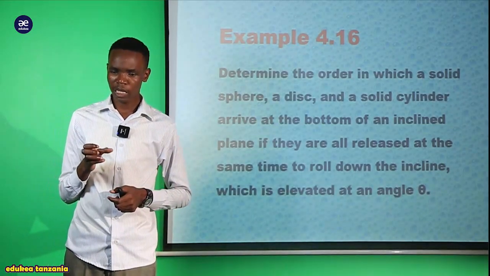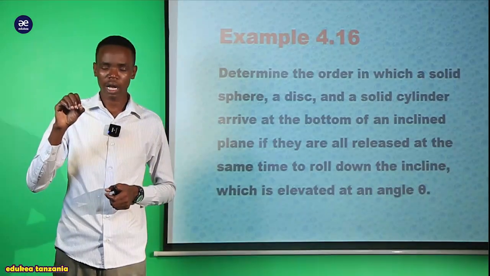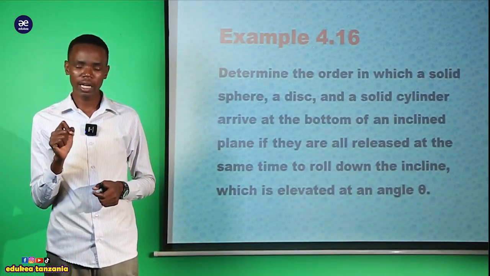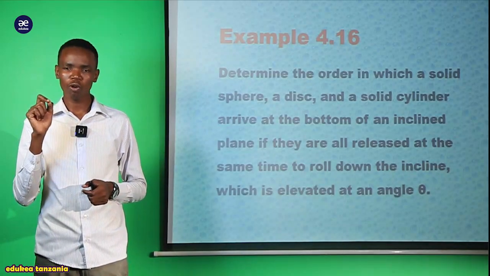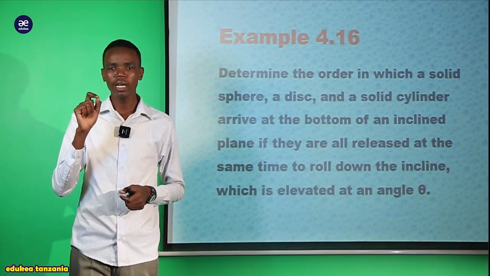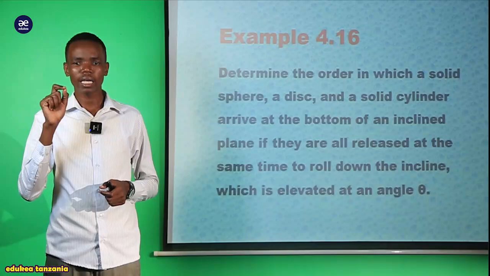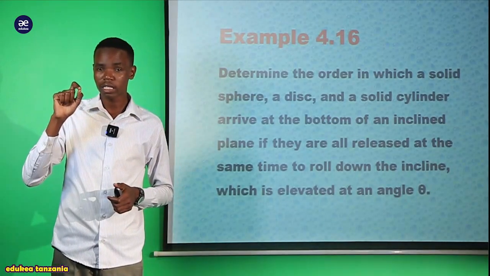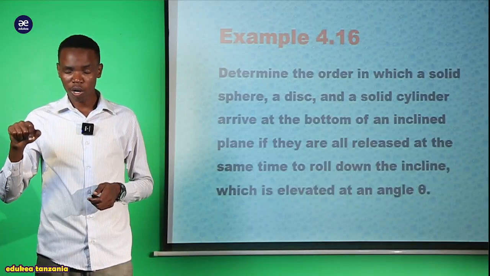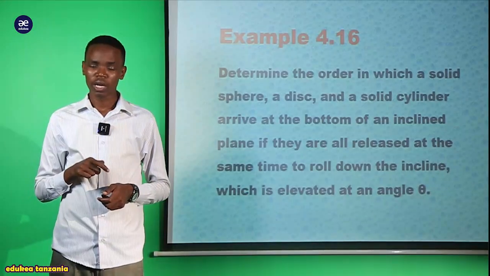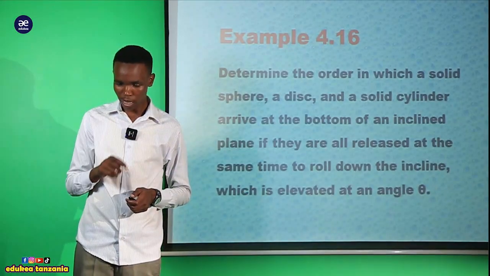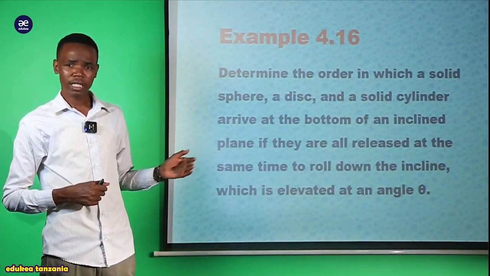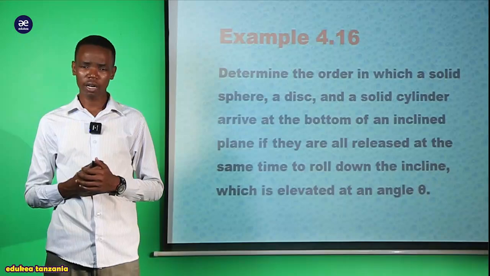All of these, my dear student, are placed at the top of the inclined plane. Then they are released together at the same time toward the bottom. They rotate down that inclined plane, which forms an angle theta.